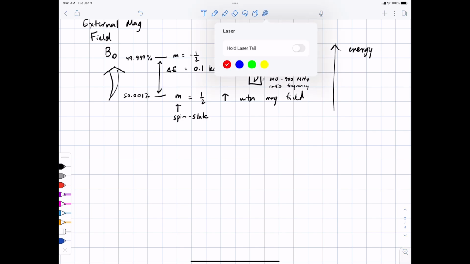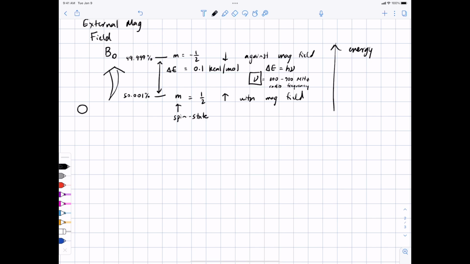So the energy difference between spin states, and a spin state is, imagine your little proton as a sphere that's spinning and has a magnetic field. It can be aligned with the external magnetic field or it can be aligned against the external magnetic field. We're not talking about protons actually moving their positions in organic molecules.